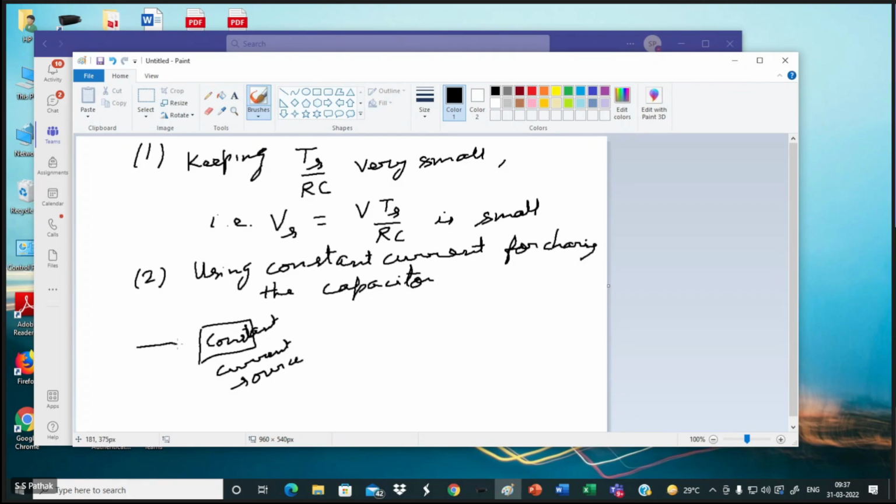Here is my applied voltage V. The source will give me constant current. That current will be my I. So some combination in the circuit will be there. That will be the constant current source.